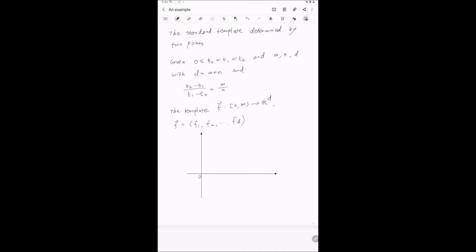Here is 0, t0, t1, and t2. f1 lies below, and f2 through fd lie above, and they should satisfy the equality that f1 plus through fd is always constantly 0.